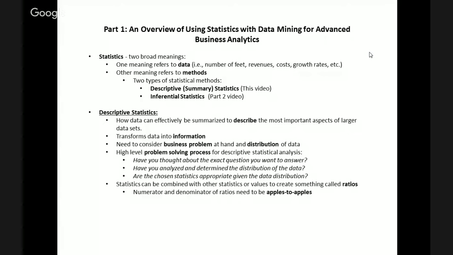Now, to drive this point home, what I want to do is illustrate examples of questions that you can answer using descriptive statistics. The first one is, what is the average unemployment rate in China over the last 2 years? That's a simple descriptive stats problem. Or number two, what was the most frequent score on a math exam that you gave last week?